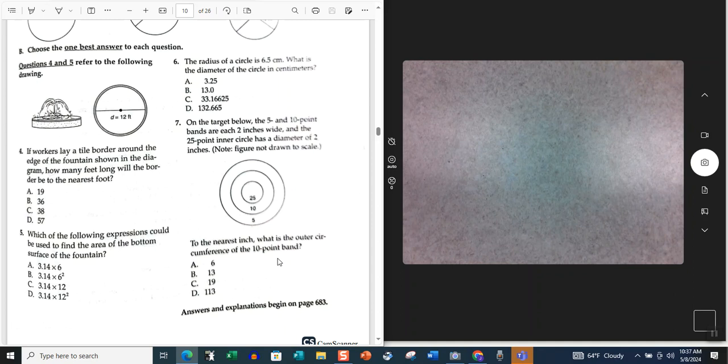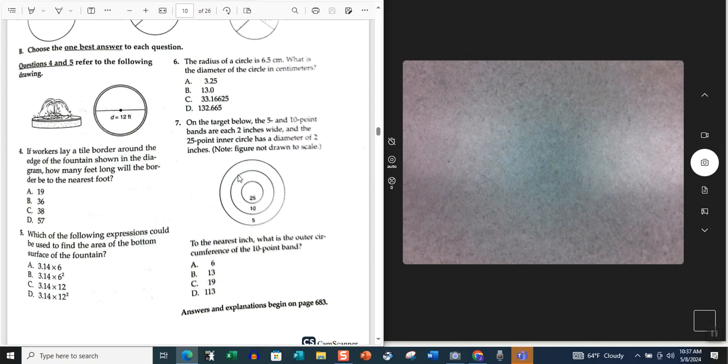So you got to think about this. They tell us the 5 point and 10 point are 2 inches each. So this is 2 inches, this is 2 inches. Now, they tell us that the 25-point inner circle has a diameter of 2 inches. So that means that all of this straight down the middle here would be 2 inches.